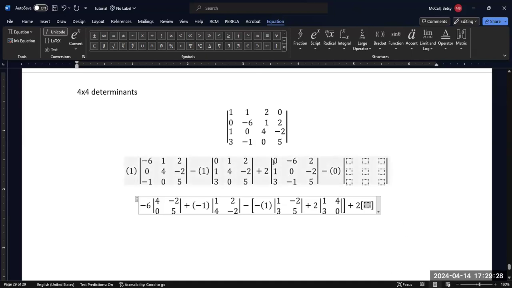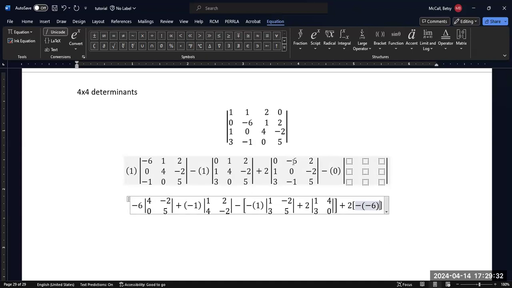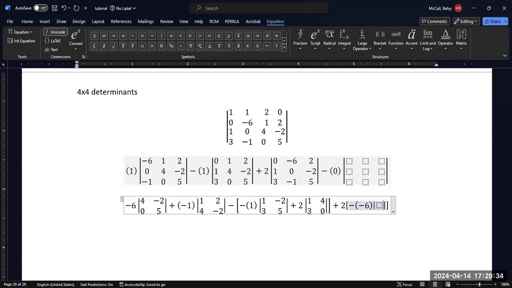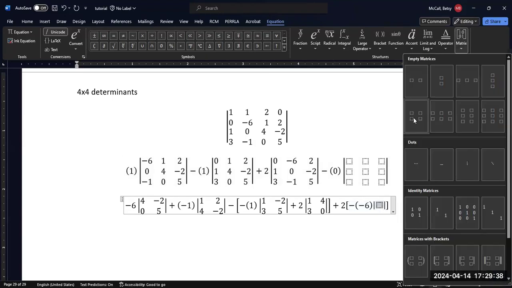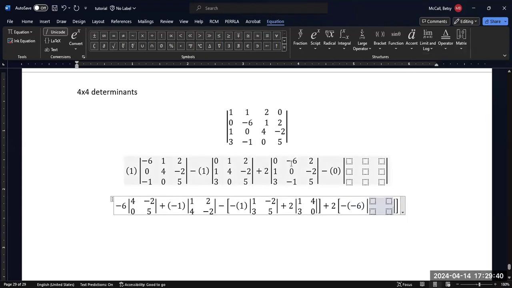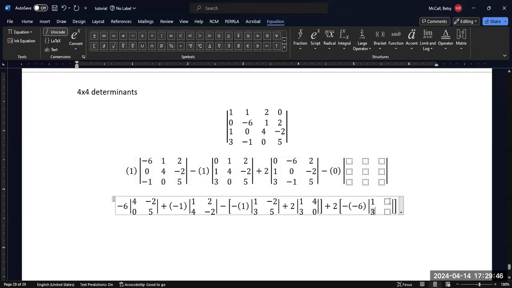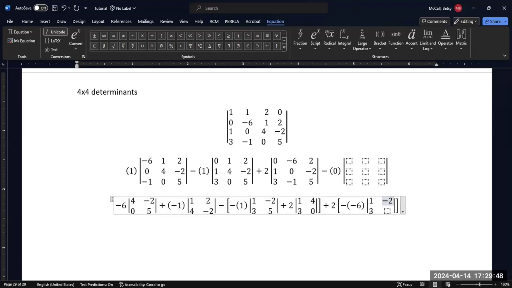The first matrix is 0, then I'm in a negative position. And then my 2 by 2 determinant will be canceling out this row and this column, 1, 3, and -2, 5.